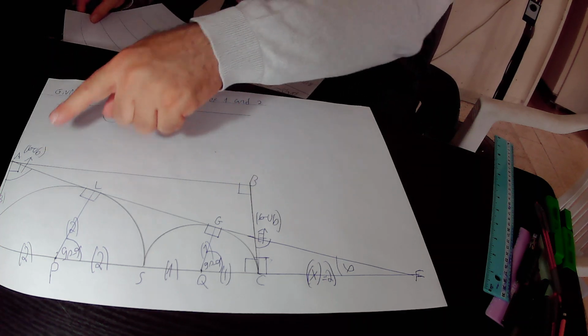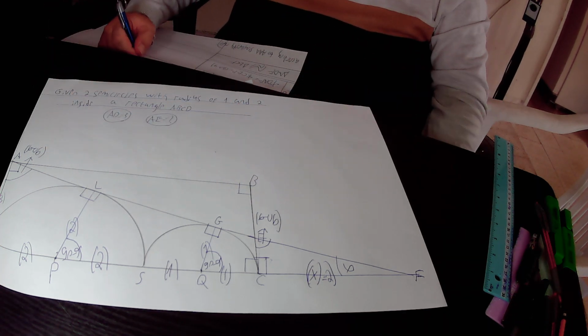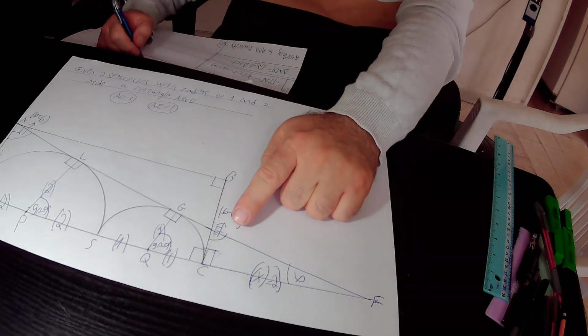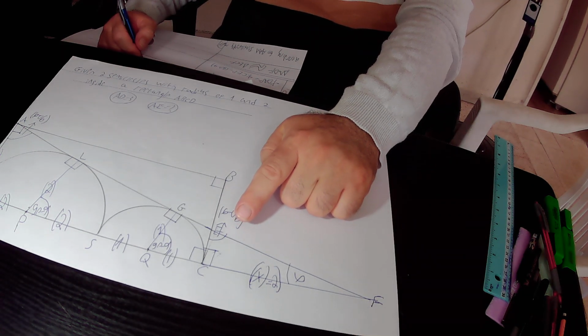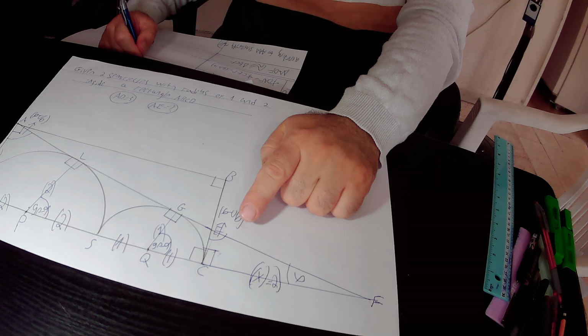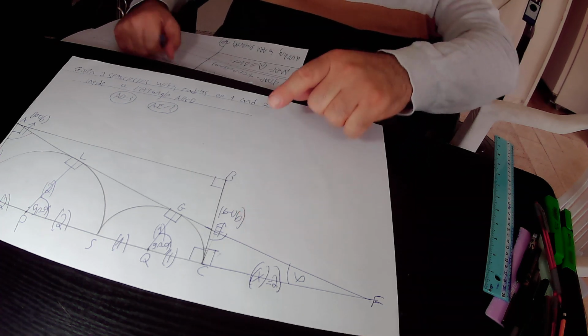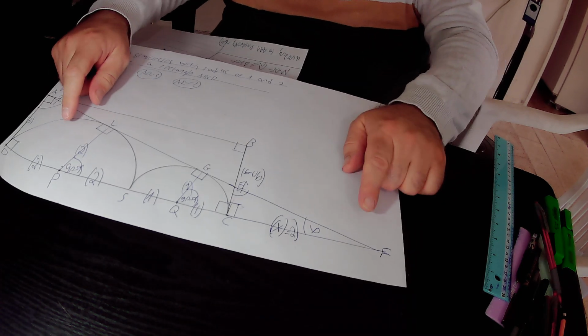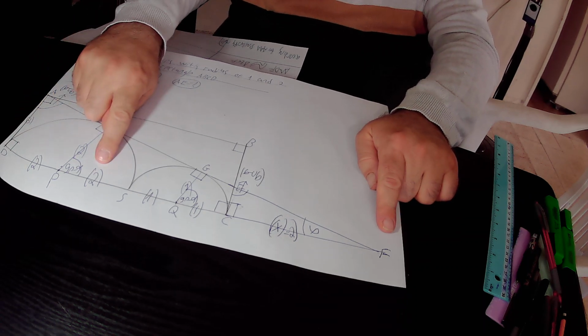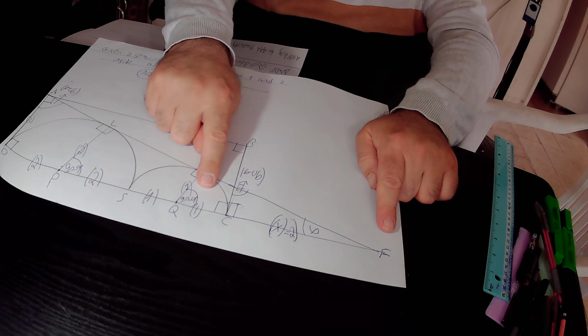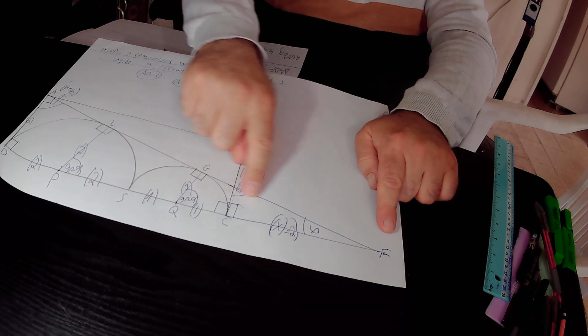AD equals 3 units over EC. EC is the missing side, so we will leave it as it is. And it equals DF. DF in total equals 2 plus 2 plus 1 plus 1, that is in total 6. And 6 plus 2 is 8.